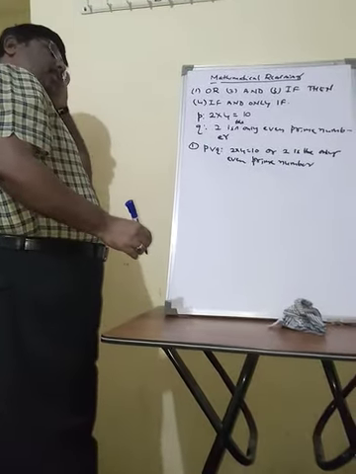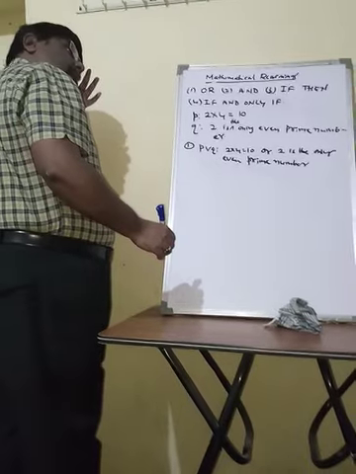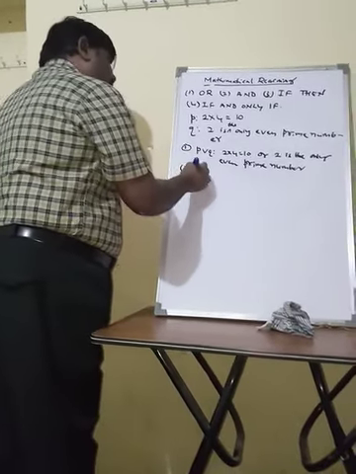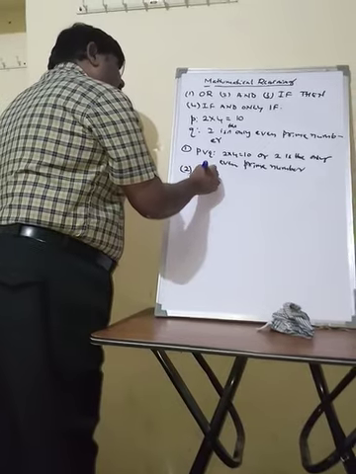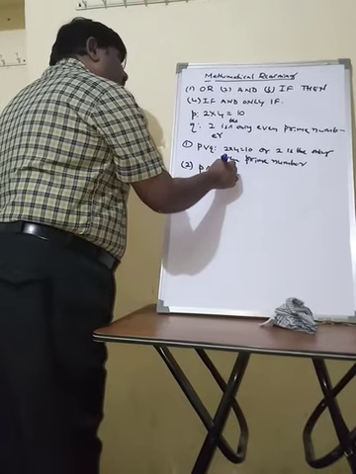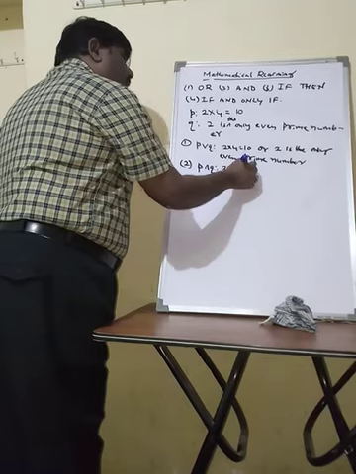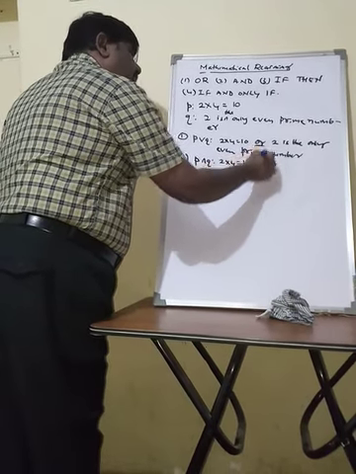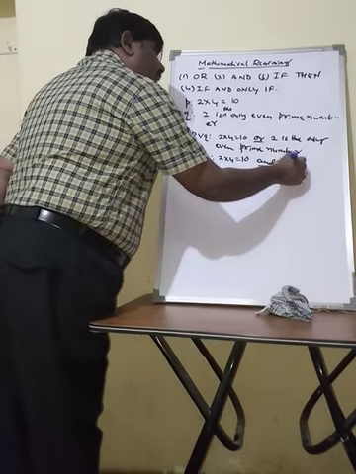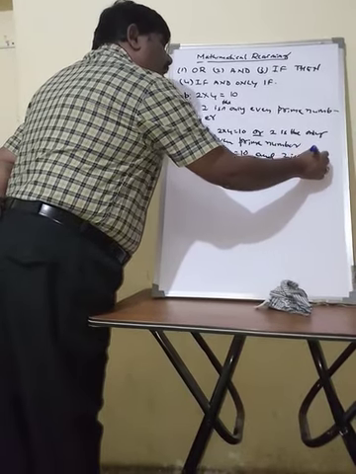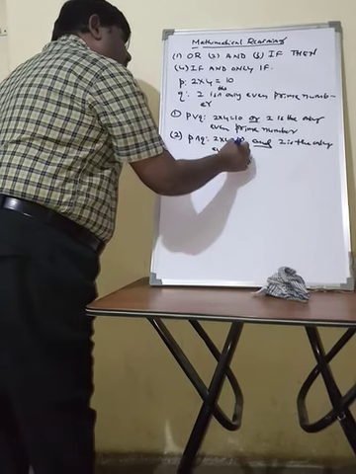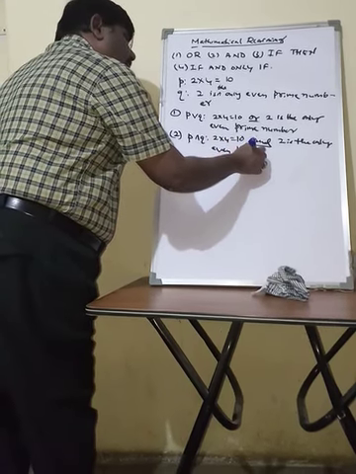It is one compound proposition, using the symbol for or. Second one, P and Q: 2 into 4 equal to 10 and 2 is the only even prime number.